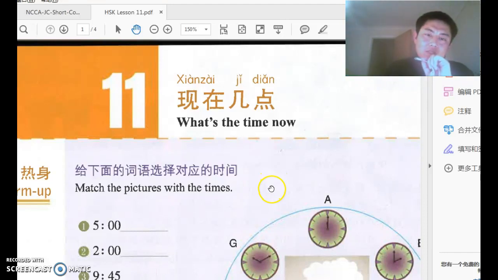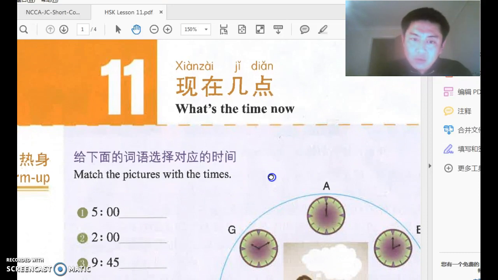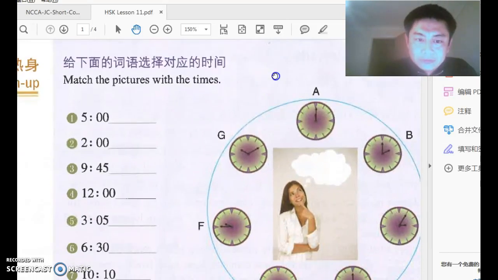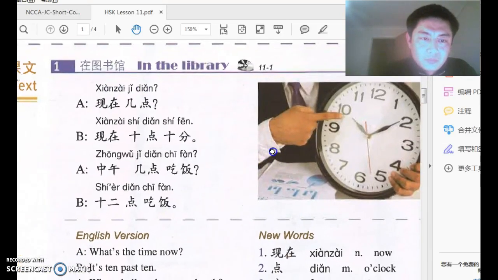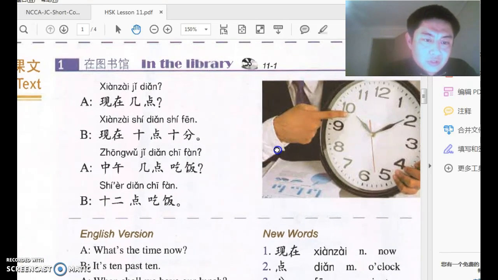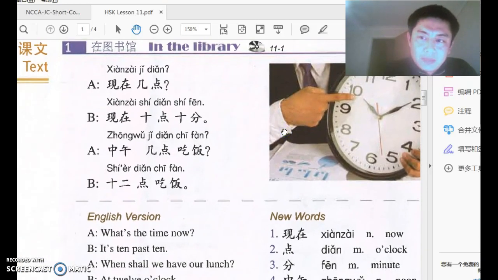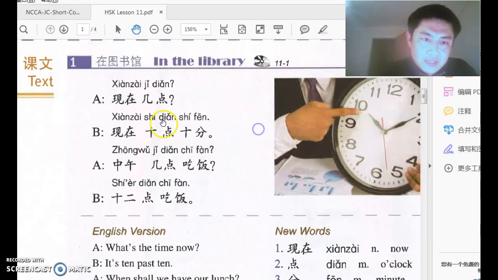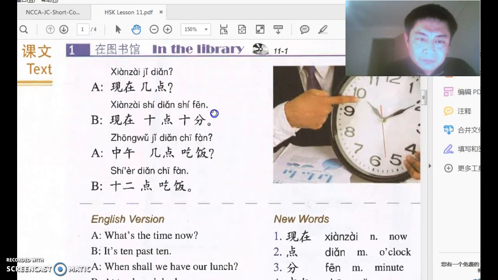Anyway, now let's take a look. What time is it now? In Chinese, it is "now how many o'clock." In the first conversation, A says 现在几点? Now how many o'clock? What time is it? And B says 现在10点10分.